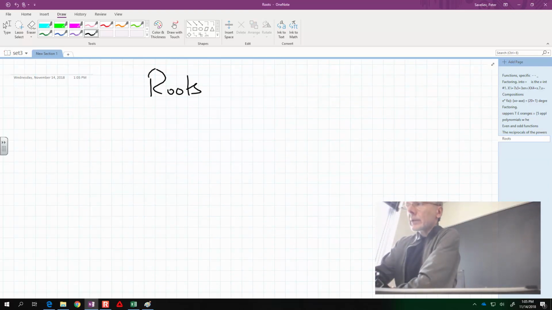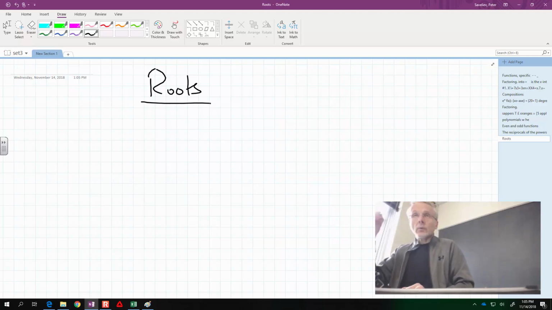There is a word root that stands, roughly speaking, for the x-intercept of a polynomial, which is called a root, but this is roots. I'm talking about square root, cubic root, and so on. These are functions. So these are new functions.